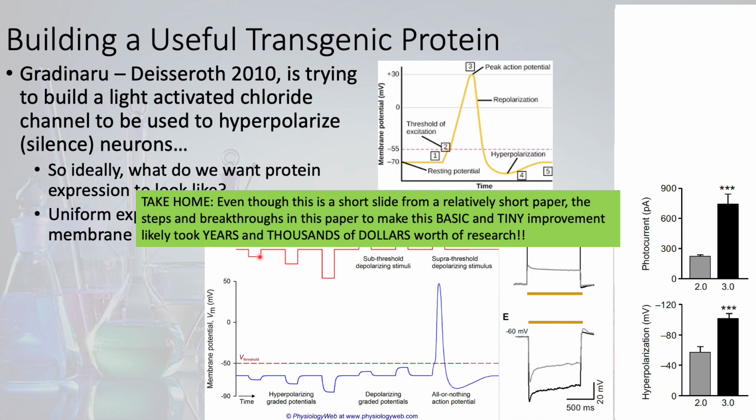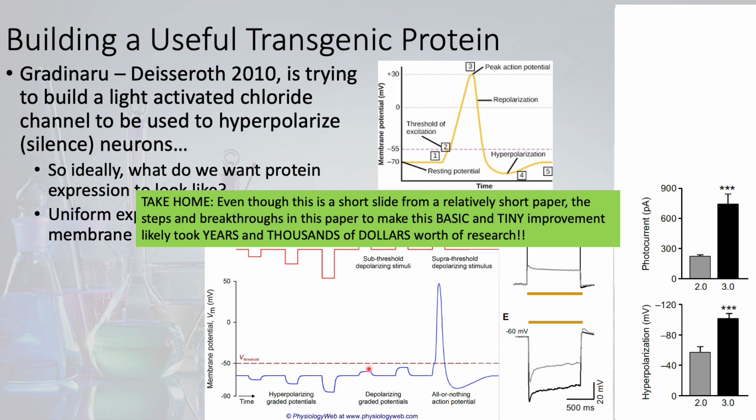So here's your linear trace, and then this is what it would look like if we were monitoring that electrochemical gradient within a cell, right? Membrane potential in millivolts, negative 50, which is our threshold, and then negative 90. So every time we apply that light, we see a decrease in the electrochemical potential of our cell, right? So we're driving our cell more and more negative, making it harder and harder for that cell to fire.